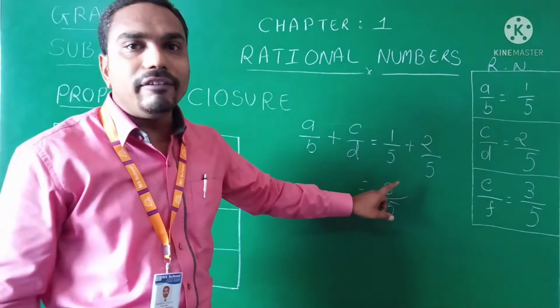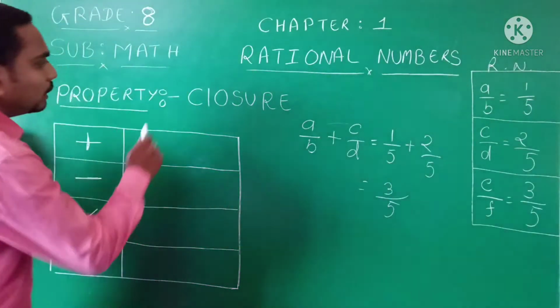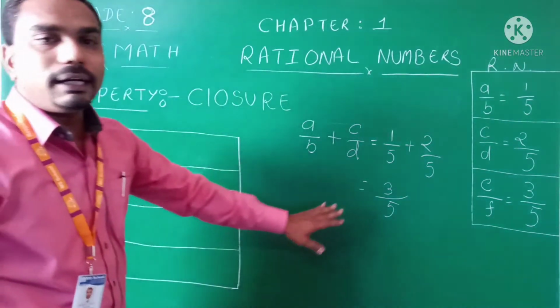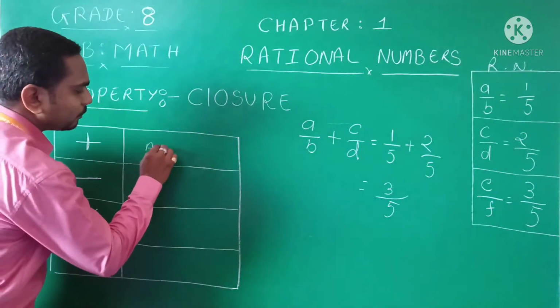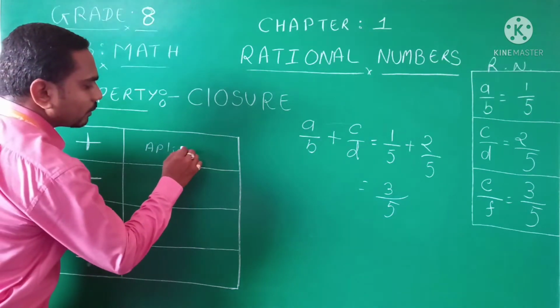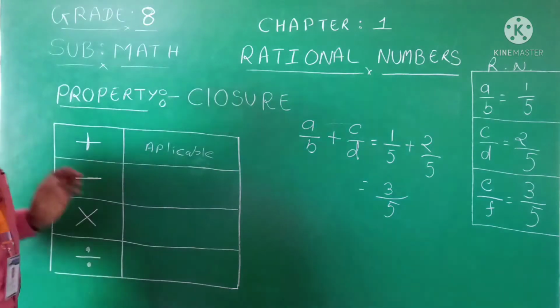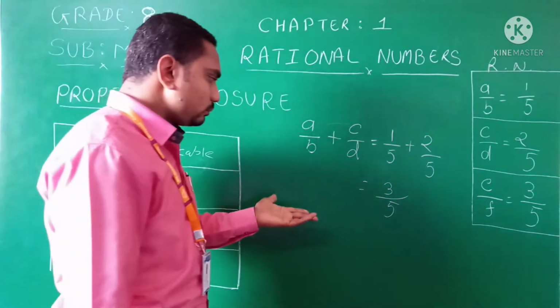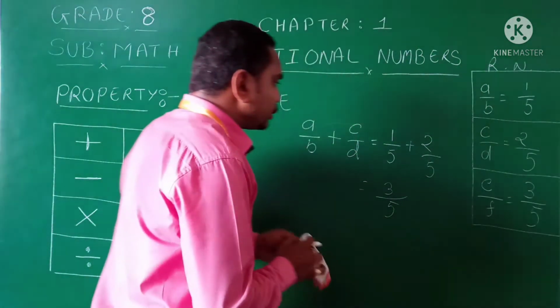See, 3 upon 5 is a rational number. So we can say that the closure property is applicable. Okay.